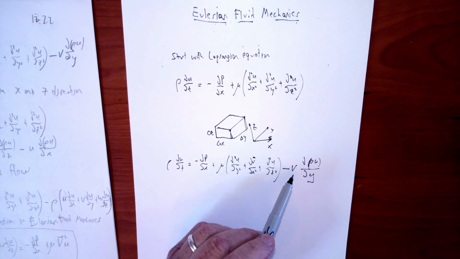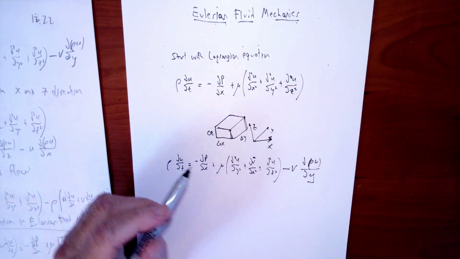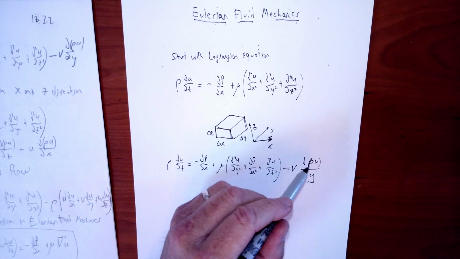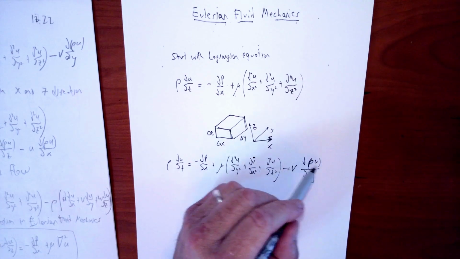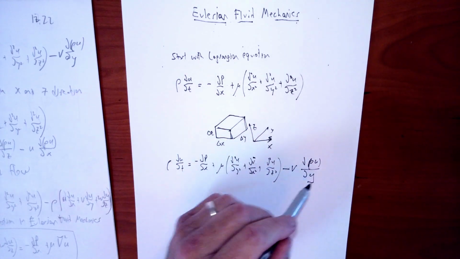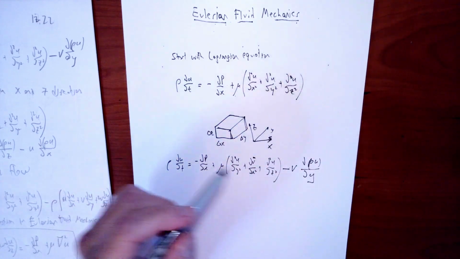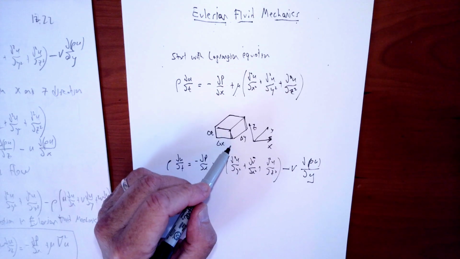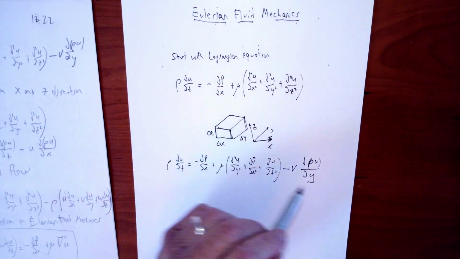So if v is positive, and d rho u/dy is positive, that means that du/dy is positive. And so that means that u is going to be faster in our space than in the space below.